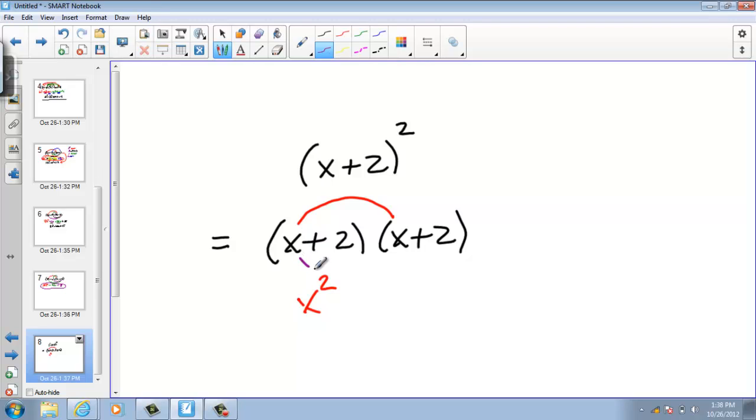Product of the outside terms, 2x. Product of the inside terms, 2x. That gives me 4x. Product of the last terms, plus 4. That's how you square a binomial. You can, at this point, just write the base twice and FOIL, just like as we did with the previous examples.